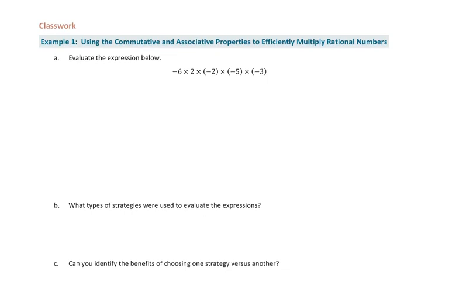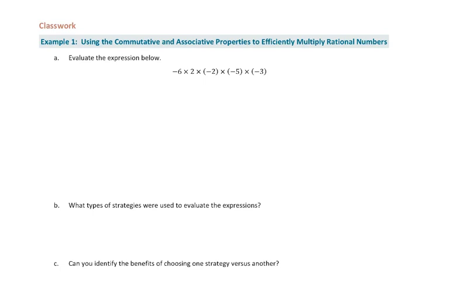So if we have -6 and we have -2, -5, and -3, if we multiply a negative by a negative, we get a positive, and times a negative would be a negative, times a negative again would be a positive.